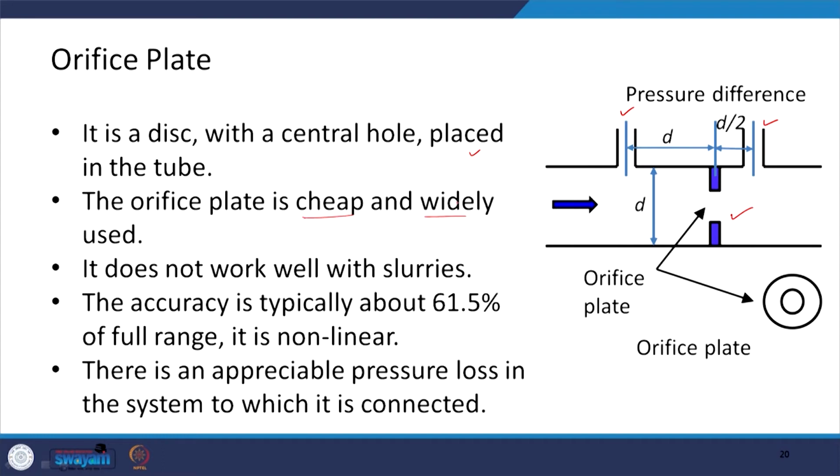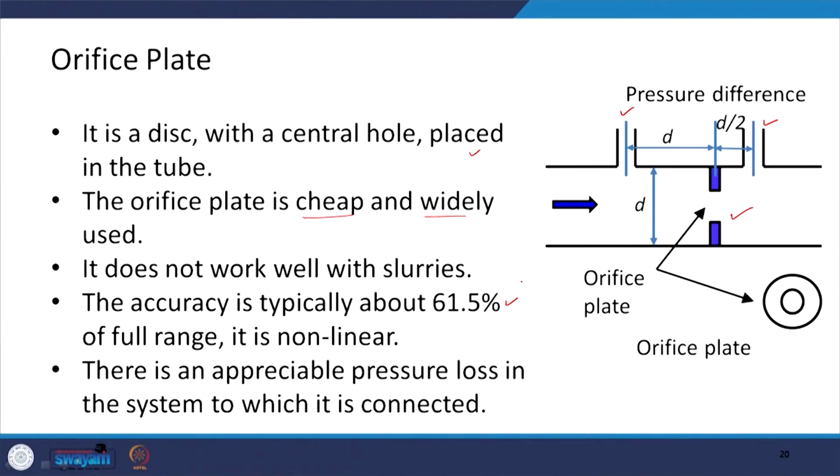But again, because there is a constriction here, the constriction can choke your orifice. Because of that it does not work well with slurries. If slurries are there, orifice plates cannot work very well.